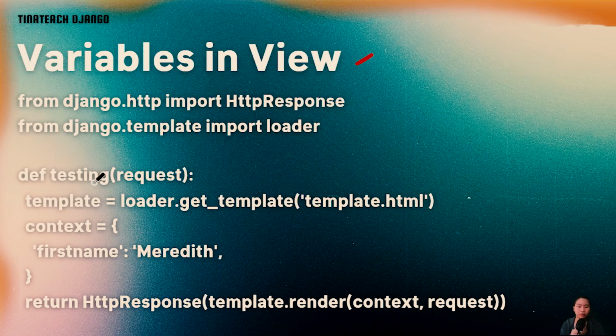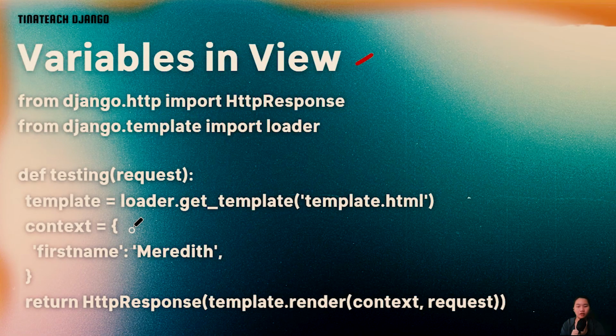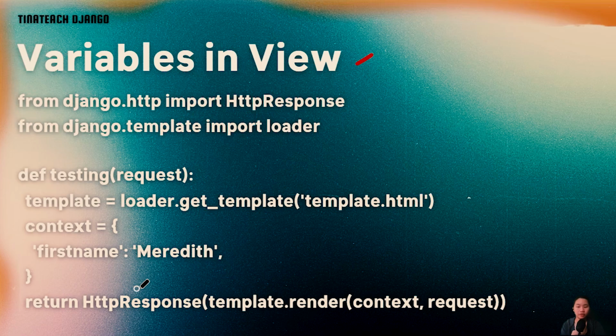Testing request, template, loader get template, template.html is the one that we've changed here. And context, first name, Meredith. So, nice to meet you, Meredith. Okay, how are you? Now let's go back. Return HTTP response, you know the drill.